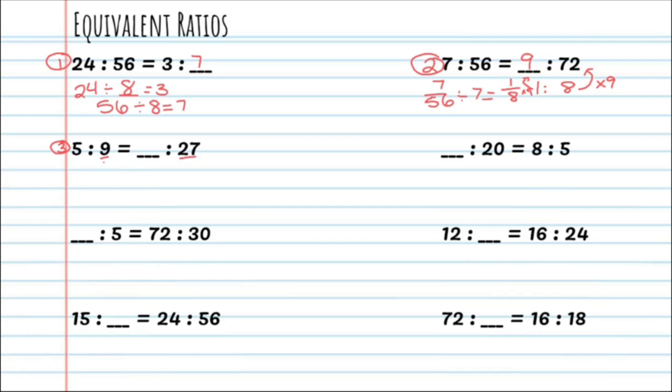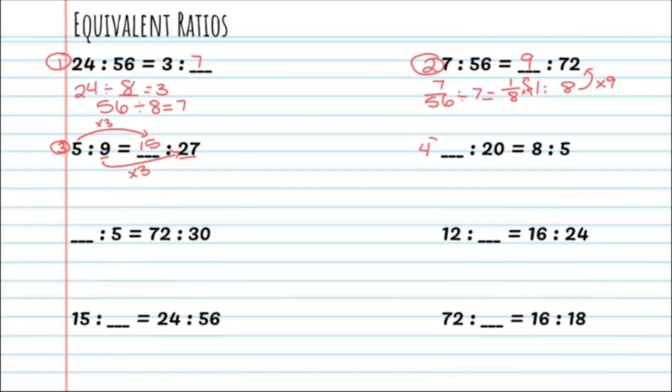We know that we multiply 9 times 3 to get 27. So we're going to do the same thing here. 5 times 3 equals 15. So we wind up with a ratio of 15 to 27.